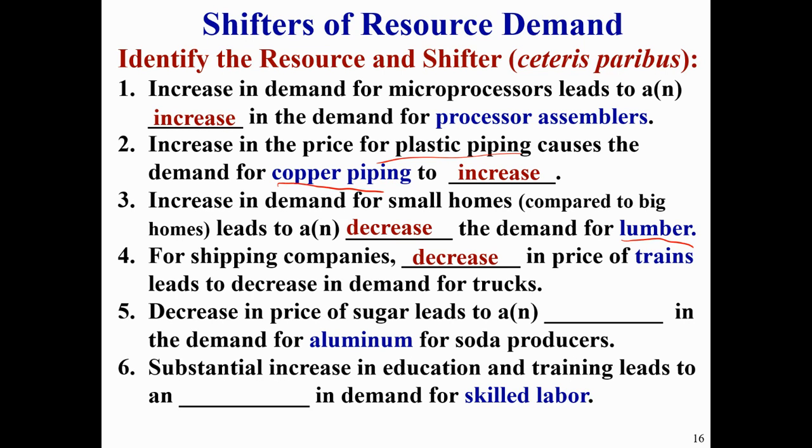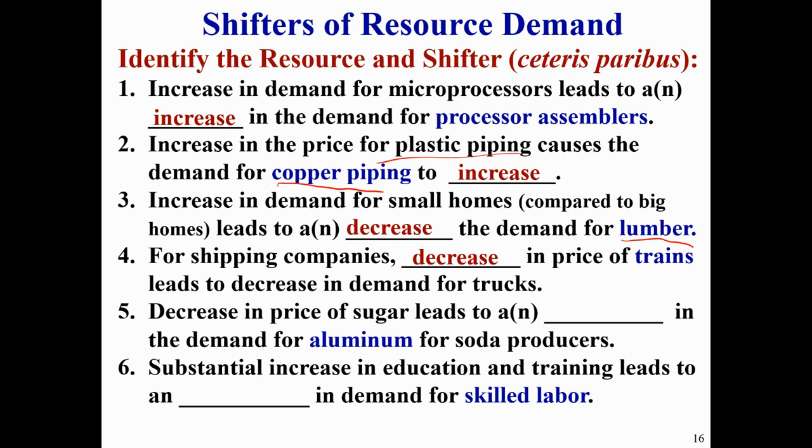A decrease in the price of trains, because trains and trucks are complementary or substitutes? Substitutes, very good. In terms of shipping companies, they're substitutes, yes? Trains and trucks. So if I decrease the price of trains, the demand for trains would increase, making the demand for trucks decrease, okay?